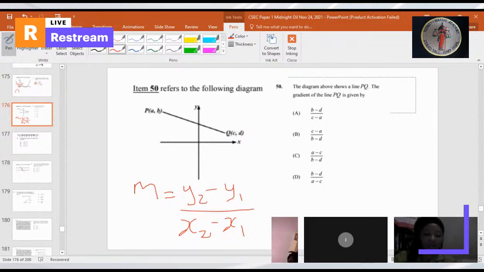In that case, because we can do it any direction we want for the gradient, it would be B minus D over A minus C. And that would be D. So for gradient, whichever one you want to use as the first set or the second set, it's the second y value minus the first y value over the second x value minus the first x value.